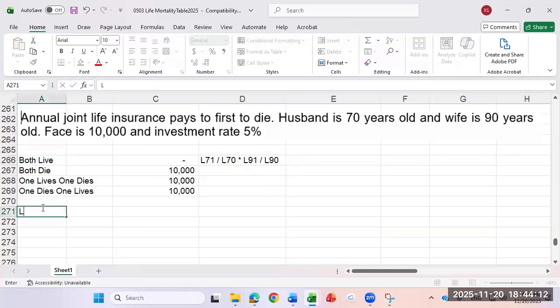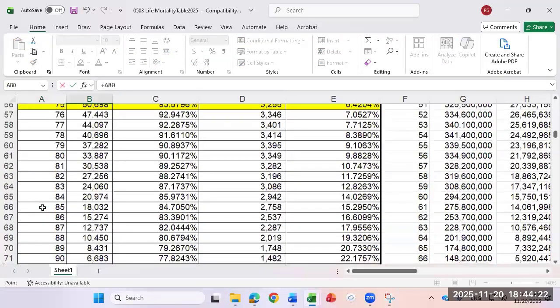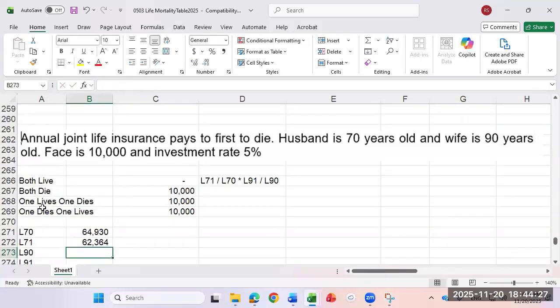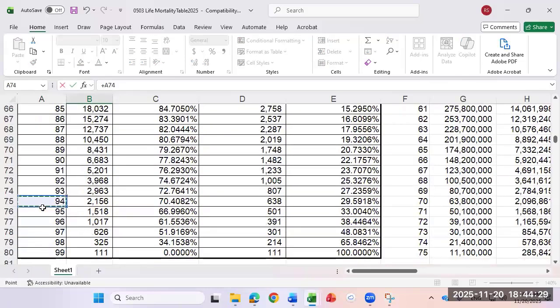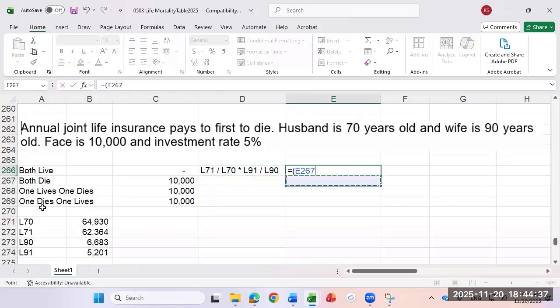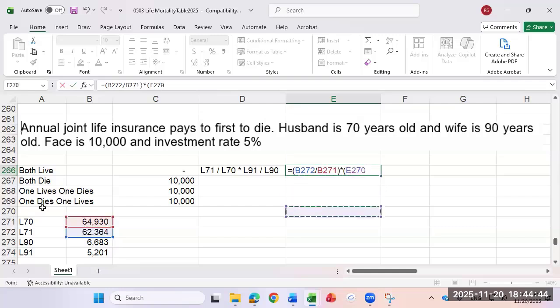So let's do L70, L71, L90, L91. So you need to collect those. There's L70, L71, L90, L91. So take L71 divided by L70 times L91 divided by L90.